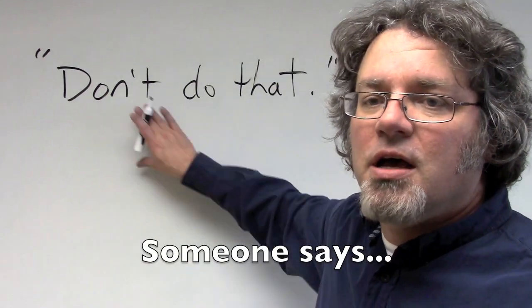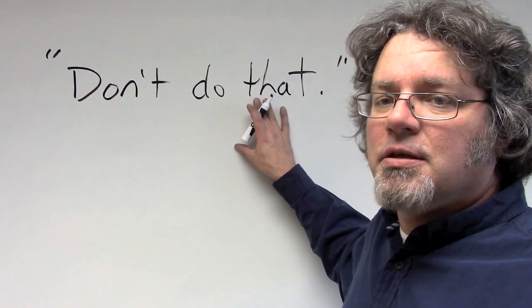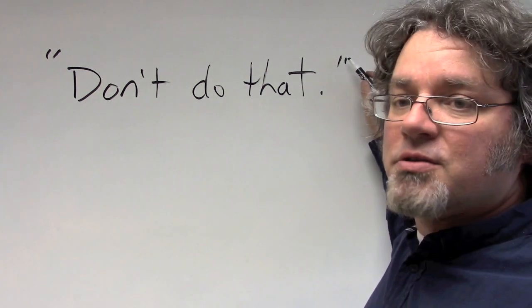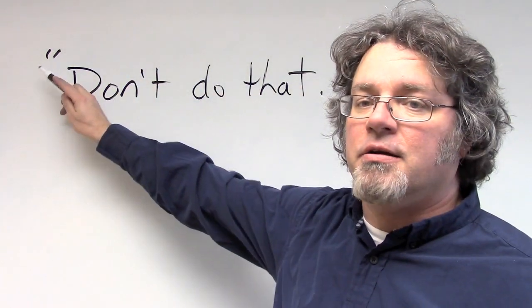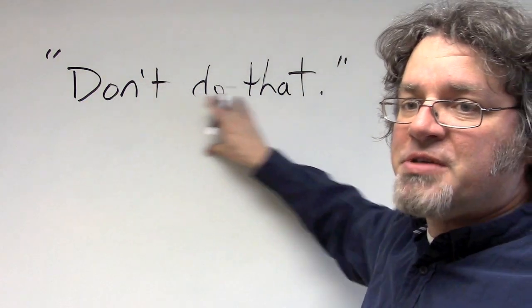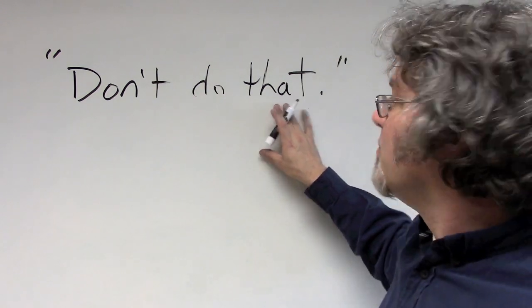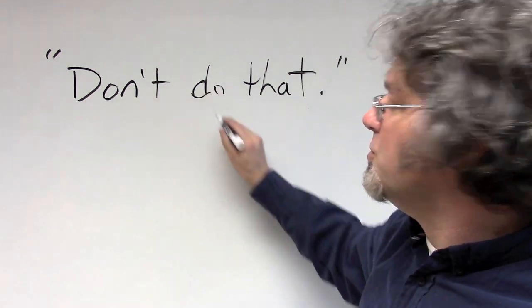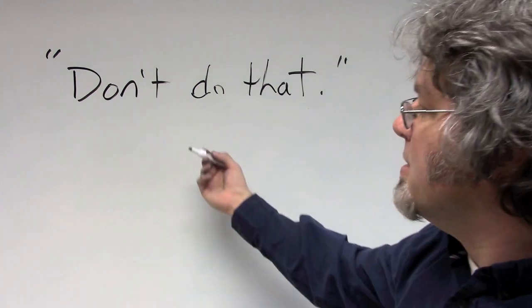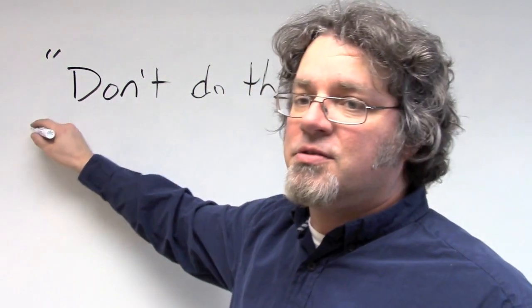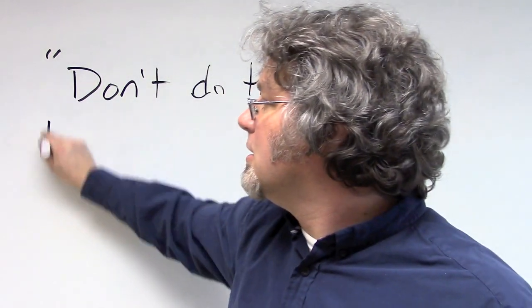Someone says, "Don't do that." In quotation marks, here and here, this represents direct speech. So this is what somebody said, "Don't do that." And then to describe it, let's say somebody is speaking to you.